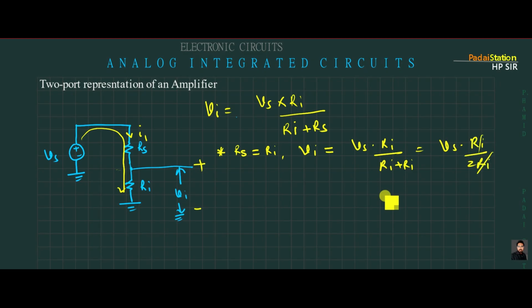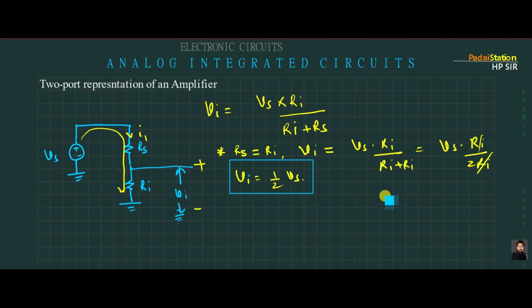It means half of the source voltage will be applied to the amplifier as an input for amplification if both have the same values. So it is not affordable. What we want is the maximum voltage at the input of the amplifier. Let us say Rs is very much less than Ri.